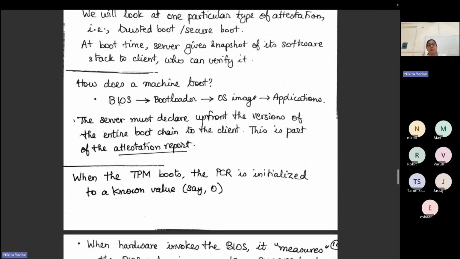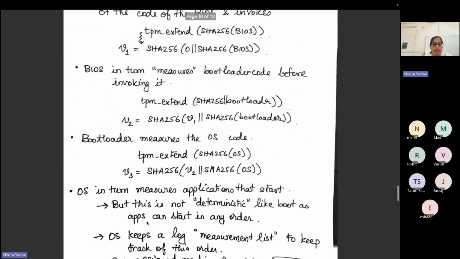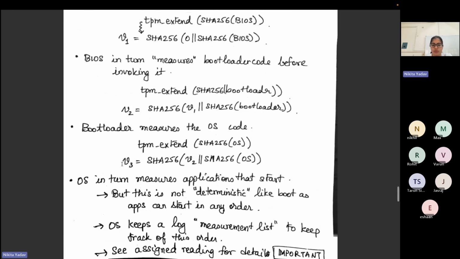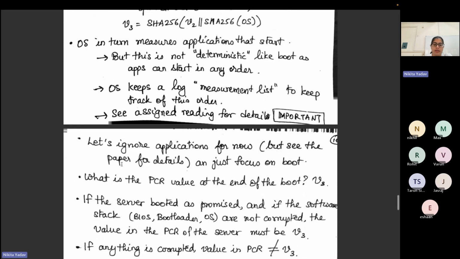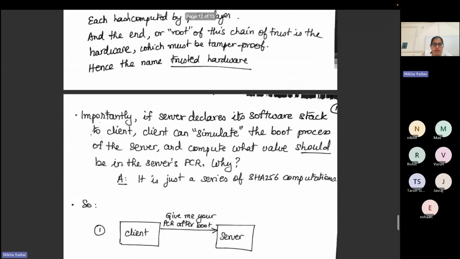The server must declare upfront the versions of the entire boot chain to the client. So the server has already declared that this is my boot chain and these are the versions of the different software which are running. Along with that, I'm also providing you the value from the TPM, which is this value V3, as a proof. These two values are sent by your cloud provider.